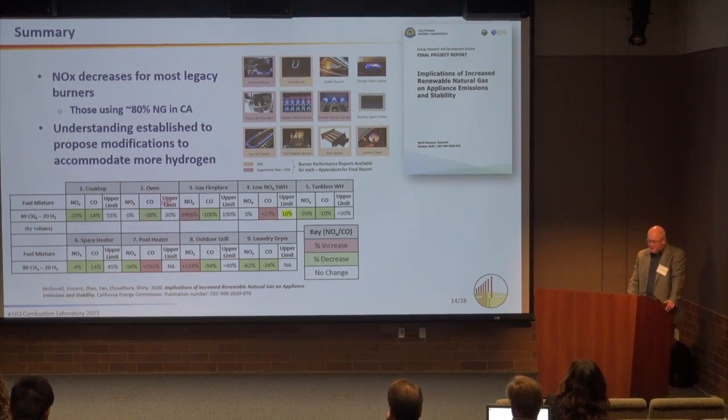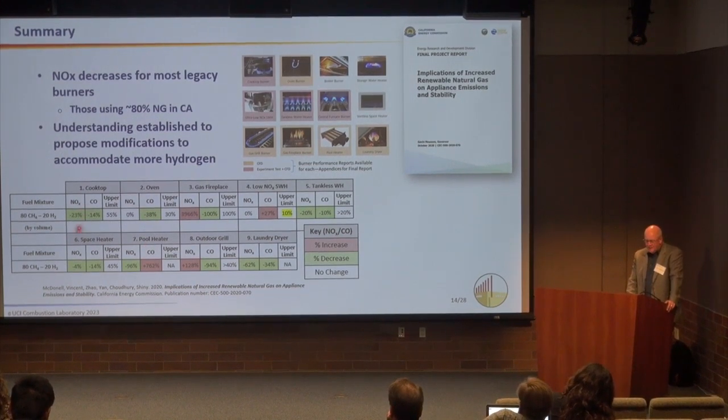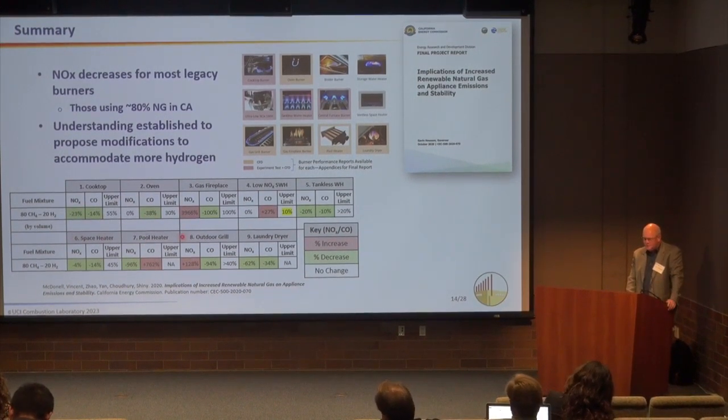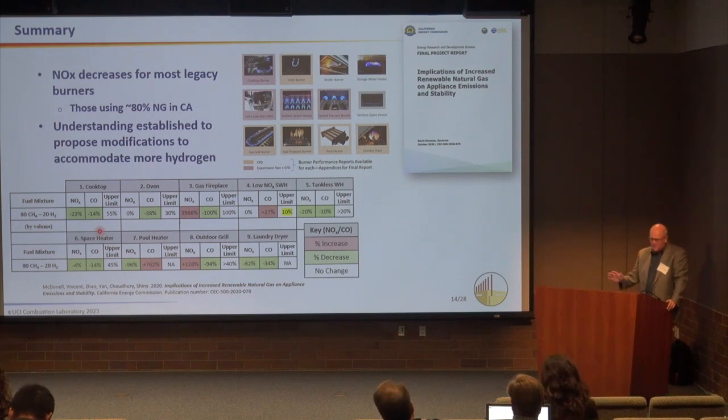So anything that's green means NOx was reduced or CO was reduced. Yes, for some of the devices, there's an increase, right? And again, if we were to actually work on the design of these systems to specifically accommodate even more hydrogen, these numbers could be reduced even further.